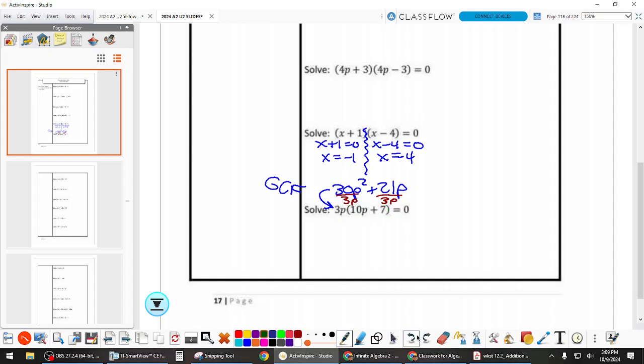So it's the same idea, where we split these up, and we say, okay, well maybe 3p equals 0, or 10p plus 7 equals 0, and then we just solve from there. So we get p equals 0 on the left, and p equals 7/10 on the right. Sorry, -7/10 on the right. Okay, so it's actually easier. I think it's just harder for students to see it, but the math is easier to do in those cases.